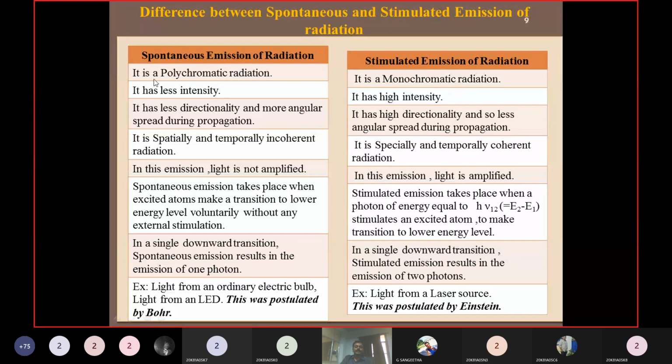Polychromatic means multicolor radiation is emitted. Suppose you take an LED: it emits a single color only, but the bandwidth of that color is very high, that means we will not get a particular accurate color.